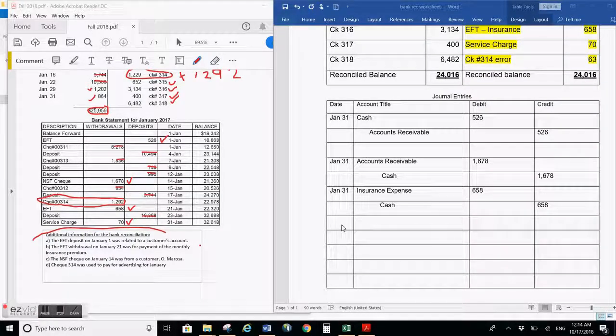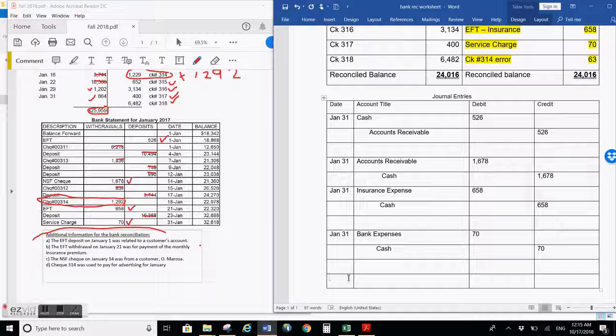Next one is our bank service charge. Again, we'll date that for January 31st. It doesn't matter what day it happened on the bank statement. We'll have an account called bank expenses. So I'll debit my expense because expenses are always debits. And again, credit cash. That's $70 because it went out of my bank account, and that's how I symbolize it in my T account.